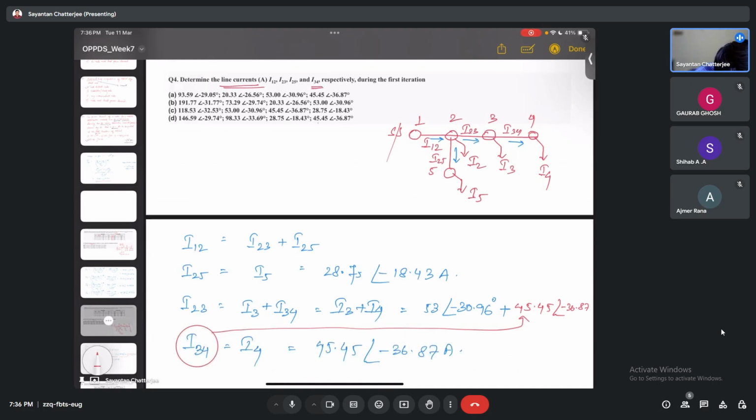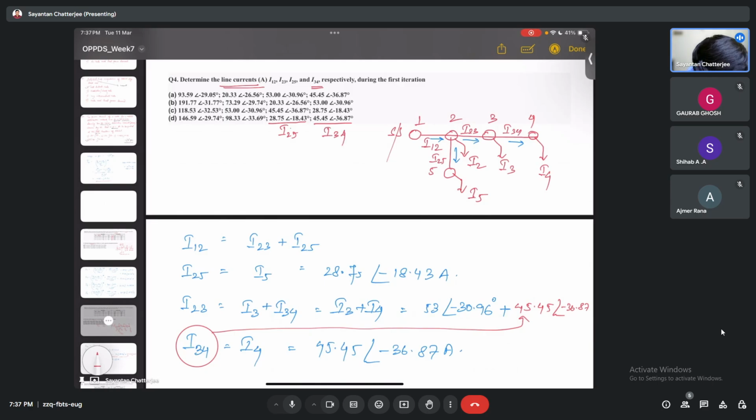So I34 is here. Two of the options are matching, so we can't decide yet; based on the remaining part we'll have to decide the final answer. I34 is this one, and I25 is 28.75. Right. So yes, we can decide option D, because this one is already known, this one is I25, this one is I34.